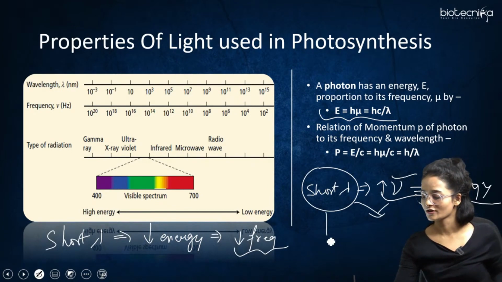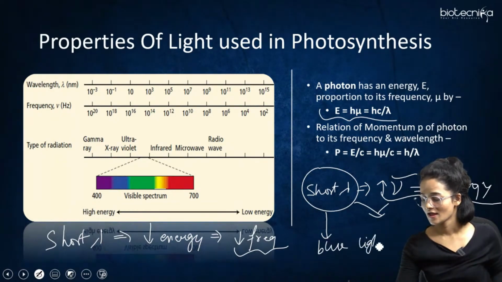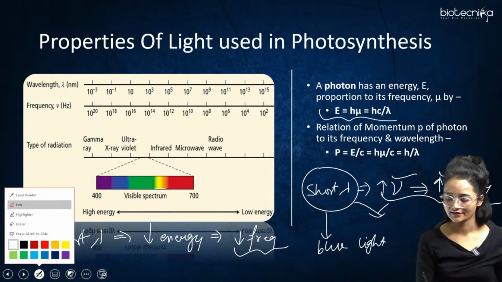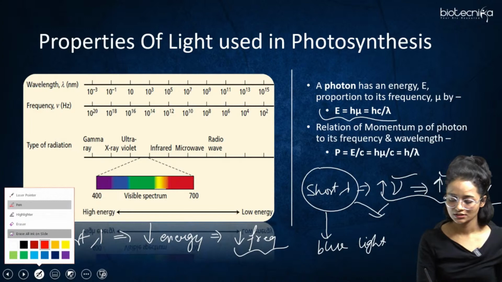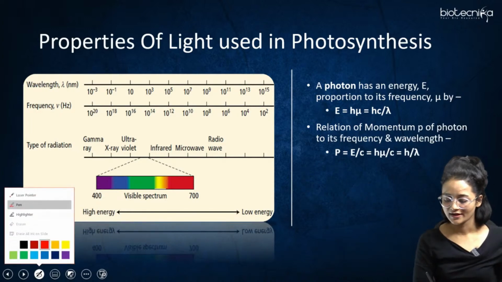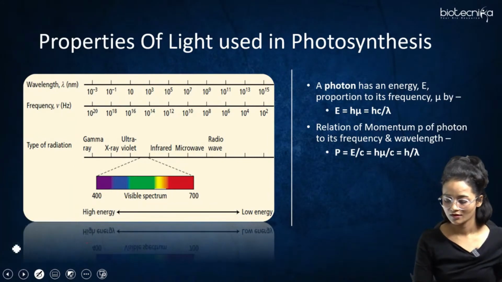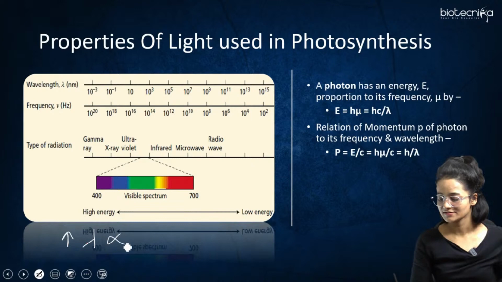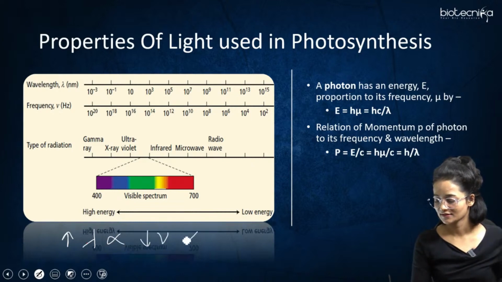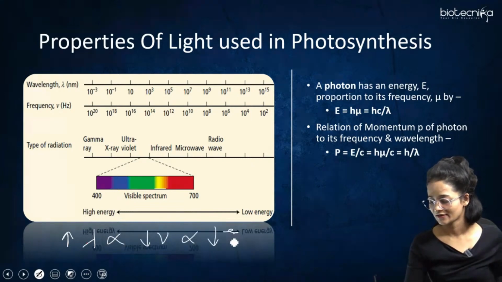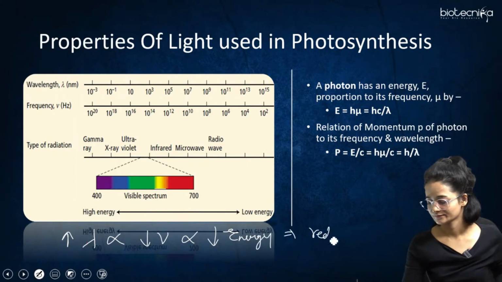So this short wavelength is for the blue light, and the opposite is for the red light. Red light has the longer wavelength and the lower frequency, and thus it has low energy.